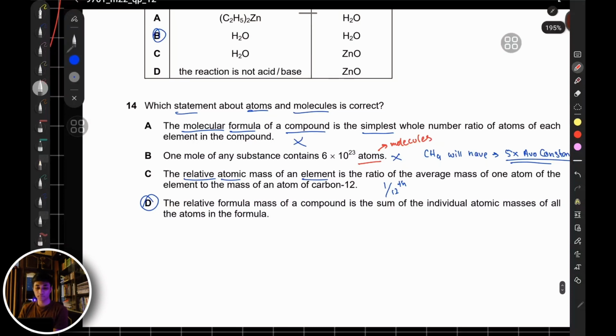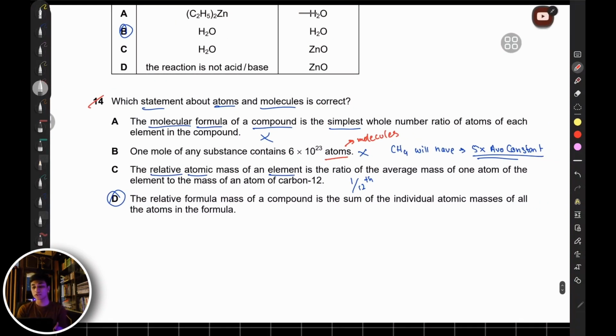Question 40. Which statement about atoms and molecules is correct? A: The molecular formula of a compound is the simplest whole number ratio of atoms of each element in the compound. No, that is the empirical formula, so not A. B: 1 mole of any substance contains 6 into 10 to the power 23 atoms.